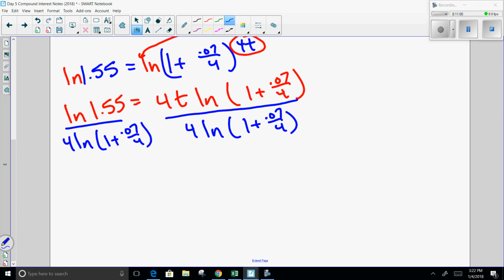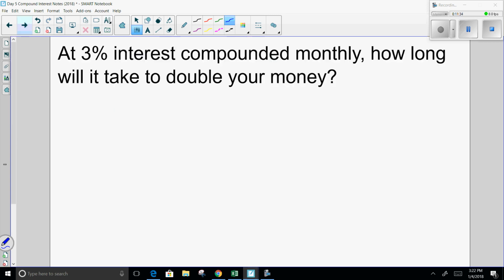Then you're going to multiply that by 4, and then you're going to do the natural log of 1.55 divided by the second answer, and you get 6.31 years. So I get time equals 6.315 years. Okay? And so then that tells you how long it would take to get to that amount.